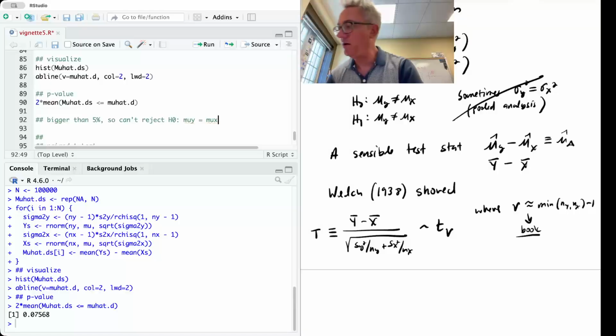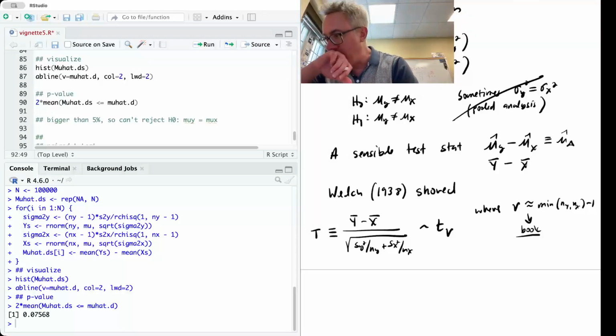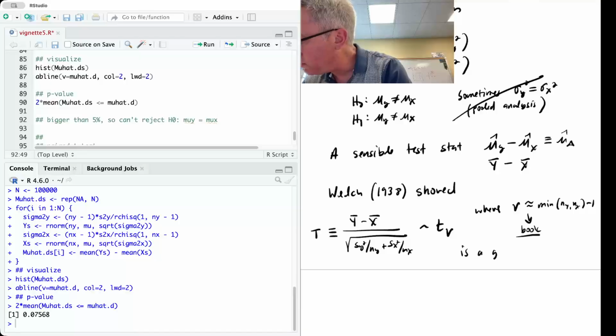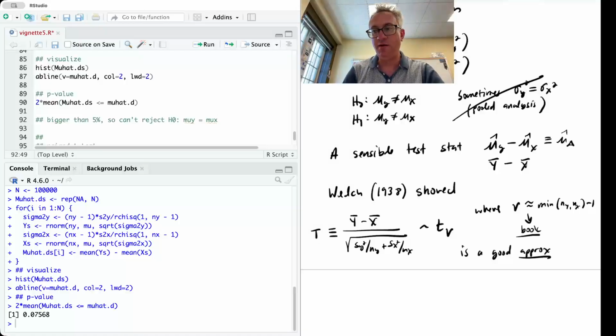There's actually a more accurate calculation that you can find in the book for this value. And this is a good approximation.